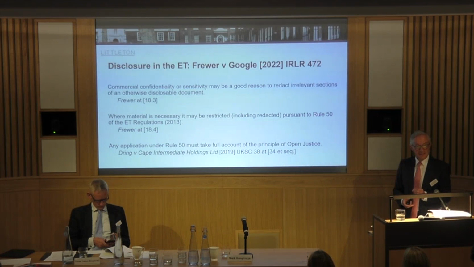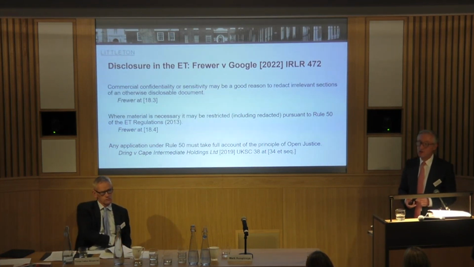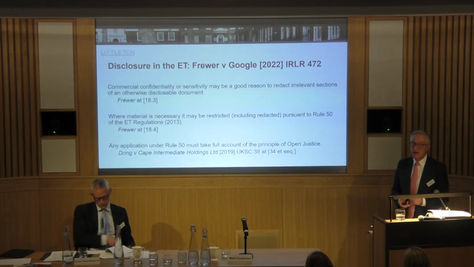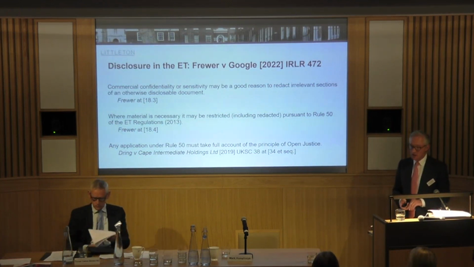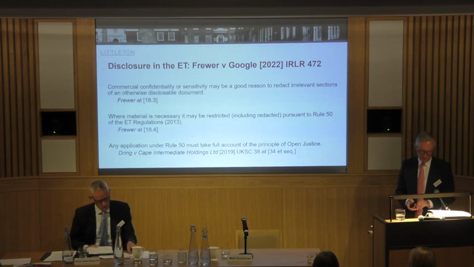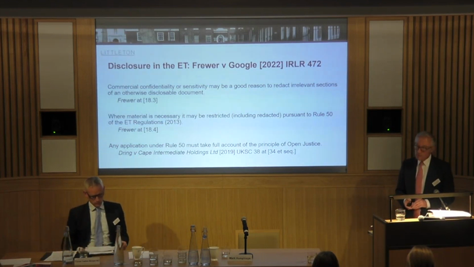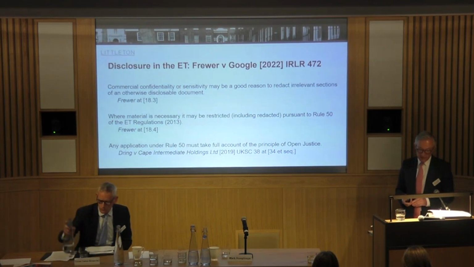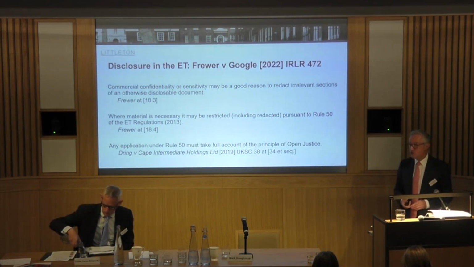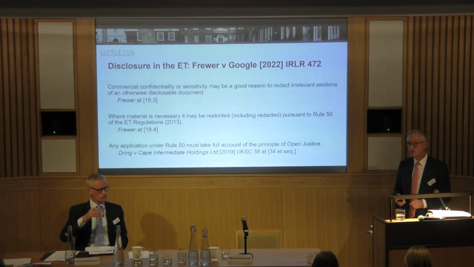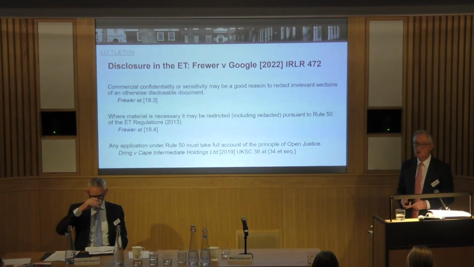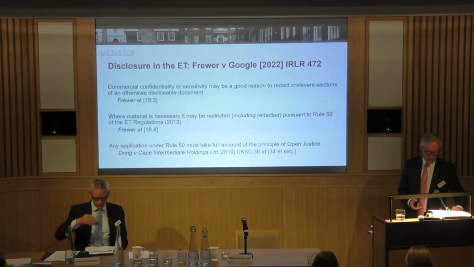Particularly if you're resisting an application, but even if you're making one, citing those principles and having them at the forefront of the tribunal's mind will be very helpful indeed. It's also important to remember that the principle of open justice includes the public interest in press reporting, and that includes reporting the persons and the institutions involved in the application.